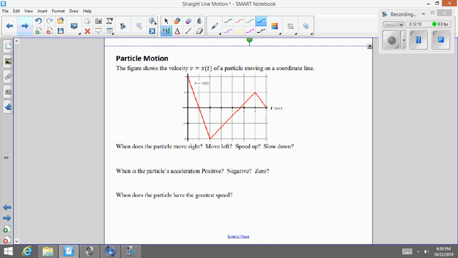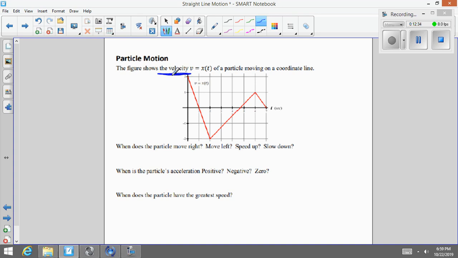Let's look at an example where we're given a graph. Now, this time the graph is the velocity function, okay? So you guys, this is no different than when we were analyzing a function based on the graph of its derivative, okay? So this is definitely fun chart. Okay, when does the particle move right?